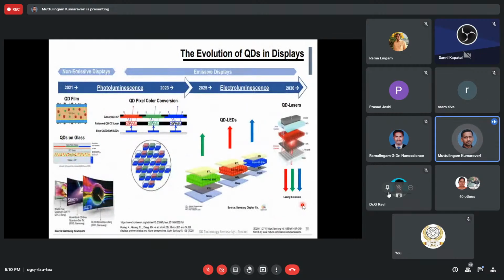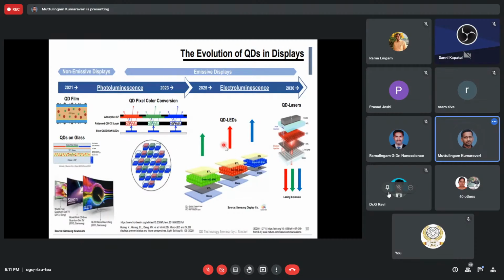The next one is just the photoluminescence. Up to 2023, we can't expect electroluminescence QD because of the lifetime, and the cost of manufacturing is still very high. I have already talked about this. These are the things we are going to see until 2023.